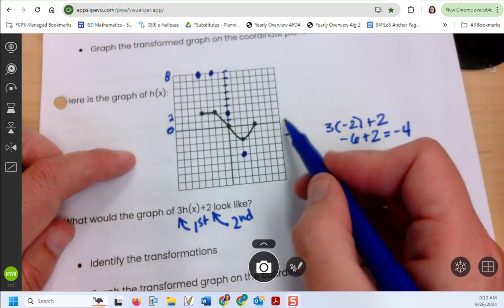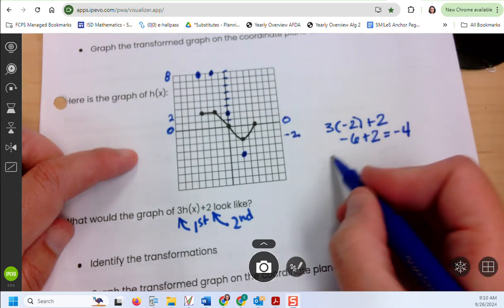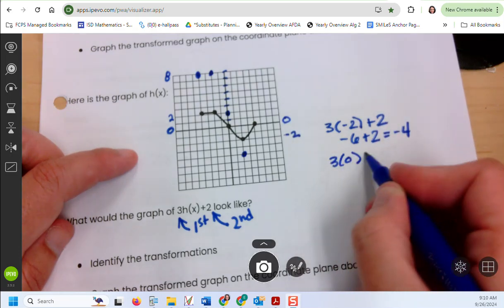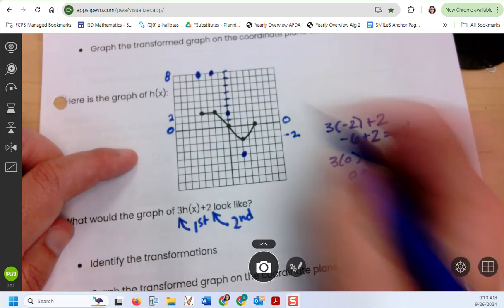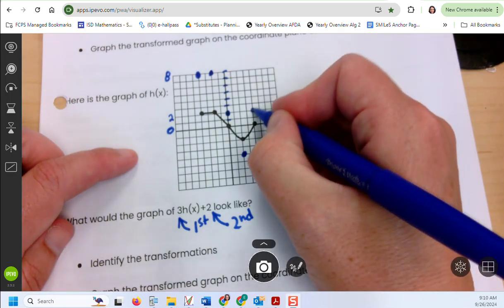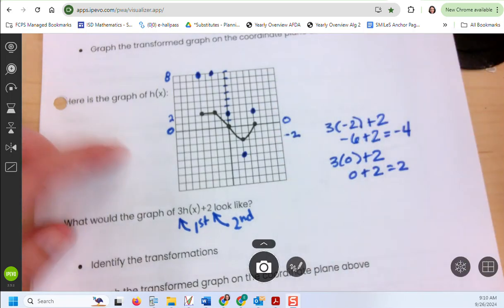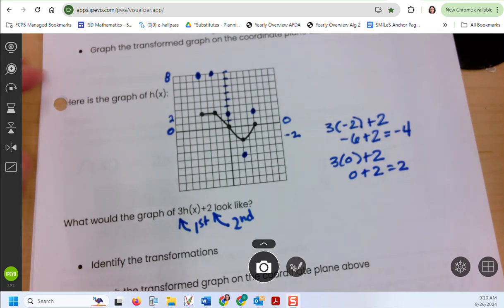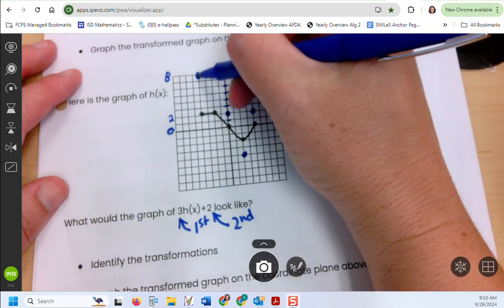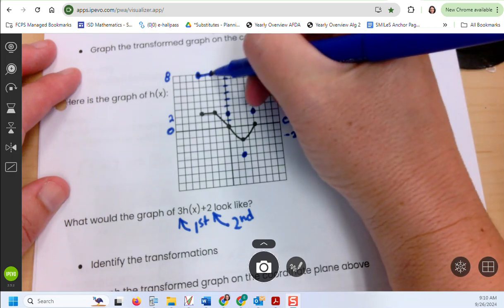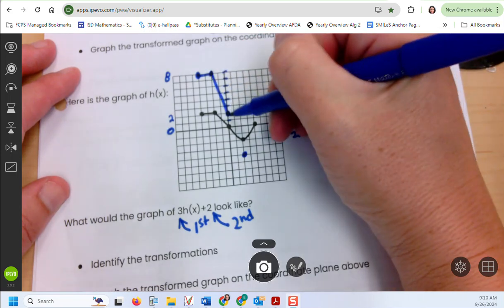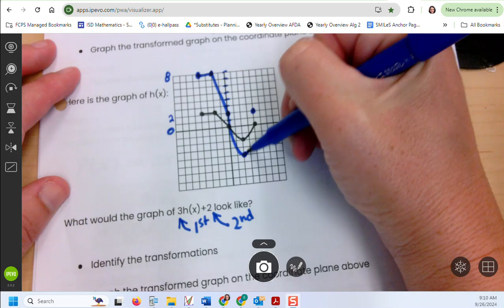This one has a y value of 0. 3 times 0 plus 2 is 0 plus 2, which is 2. So it moves to 2. And then what you're going to do is you're going to connect the points in the same pattern. So first across, and then down, and then like a little parabola, like that.